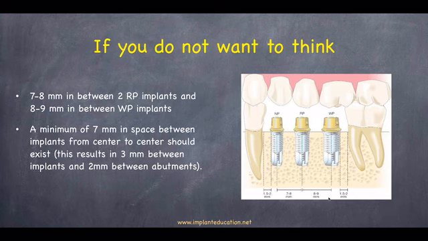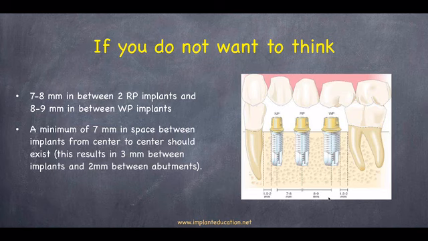Now, you might think that these distances are a little bit too small. They are not. These are the correct numbers that you need to follow in order to end up with no black triangle and implants not too close to each other. If you follow these numbers, you will end up extremely close to ideal, even without a surgical guide or diagnostic wax-up.